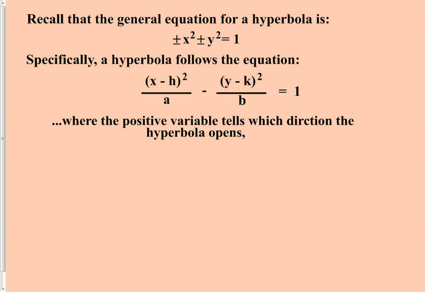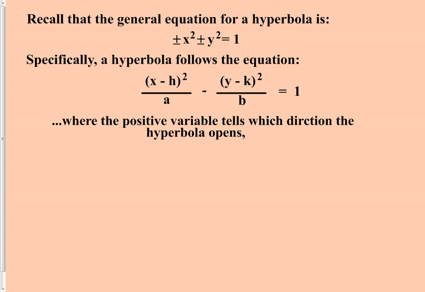Okay, so several notes to go along with this formula. The positive variable between these two terms, the binomial on the left there, tells us which direction the hyperbola is going to open. So in this particular case, the way the equation is written, it is the x term that is positive, the y term is negative. So the positive variable, which is x, tells us which direction the hyperbola is going to open.